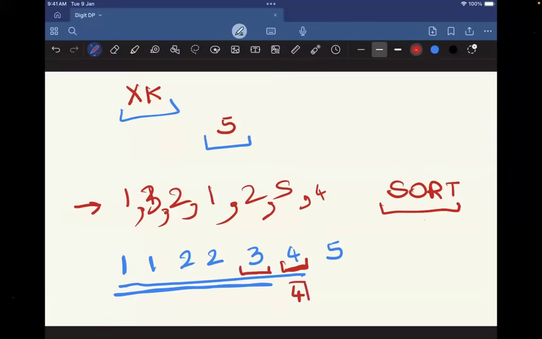Because my health is 4. So I would kill this monster. My health would become 3. Then I could kill either one of the two. It doesn't matter. Let's say I kill this particular monster. My health becomes 2. Then I am allowed to kill any of these two monsters. I kill this. Can you see that I was able to kill 4 monsters? Yes or no, guys?